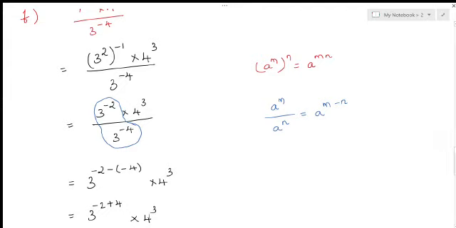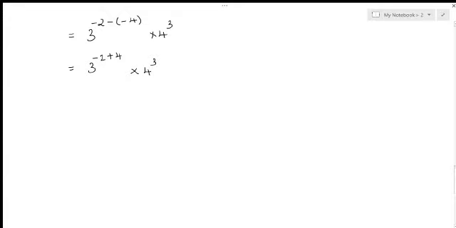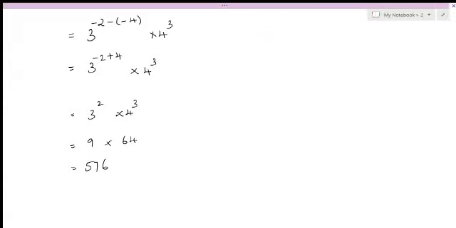When you simplify the power, 3 power minus 2 plus 4 will give us 3 power 2 into 4 cube. 3 square is 9 into 4 cube is 64. When you multiply, 9 4s are 36, 9 6s are 54 plus 3 will give you 576.